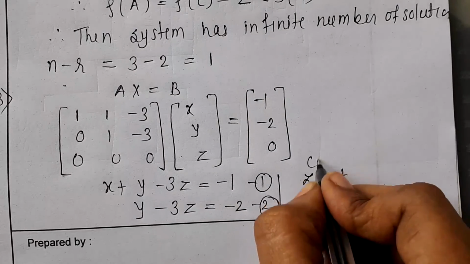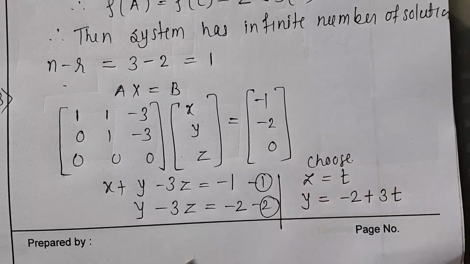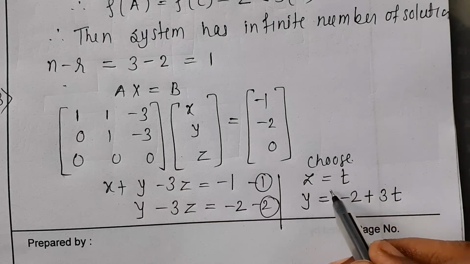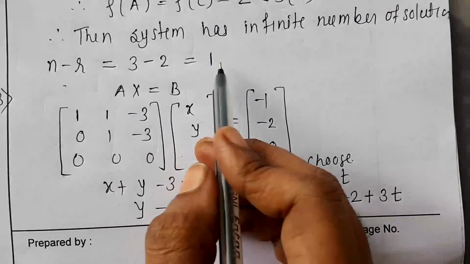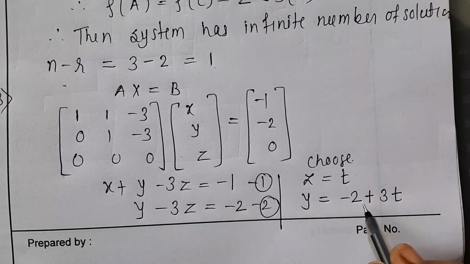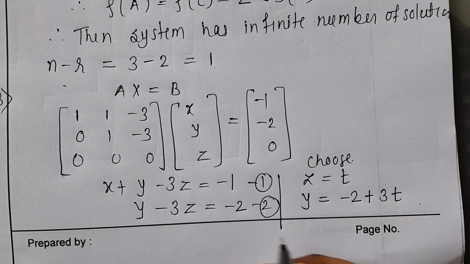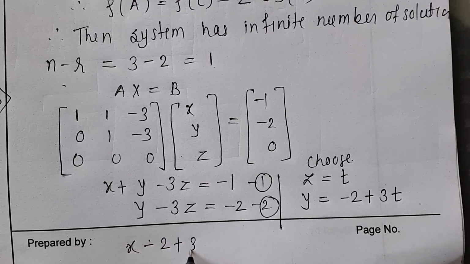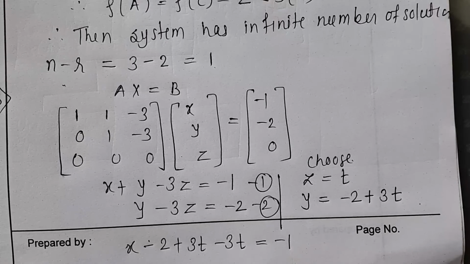Always choose this lower variable as the arbitrary constant or arbitrary variable. It is t. Then y is equal to minus 2 plus 3t, and find x. x plus y, which is minus 2 plus 3t, and minus 3z, which is minus 3t, is equal to minus 1. So x value is equal to minus 1 plus 2, which is equal to 1.